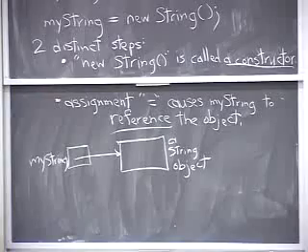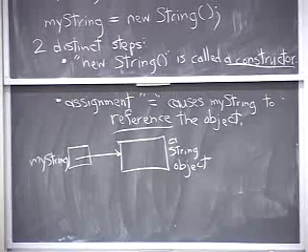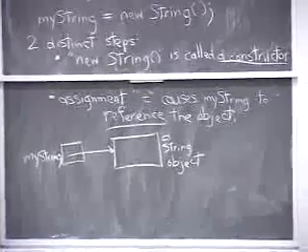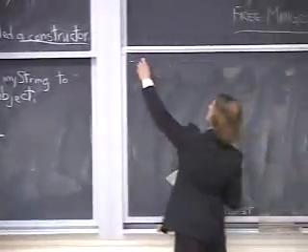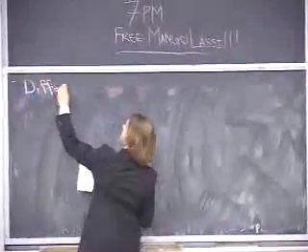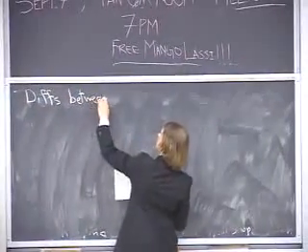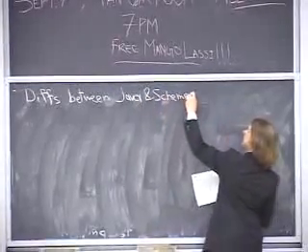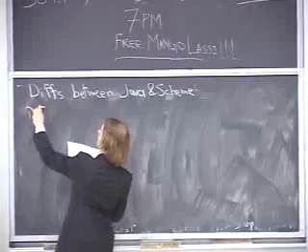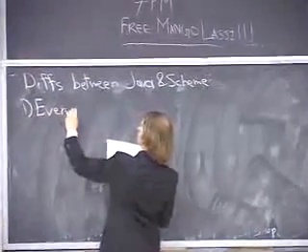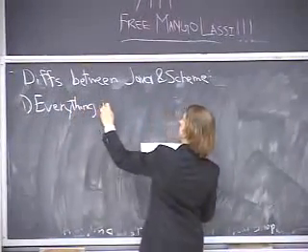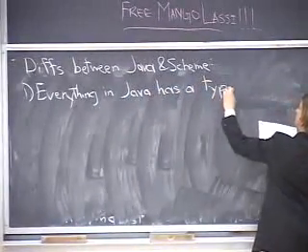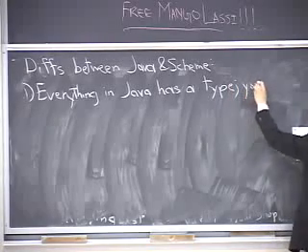And just to finish off, I want to point out 2 differences between Java and Scheme. One is that everything in Java has a type, and you must declare it.